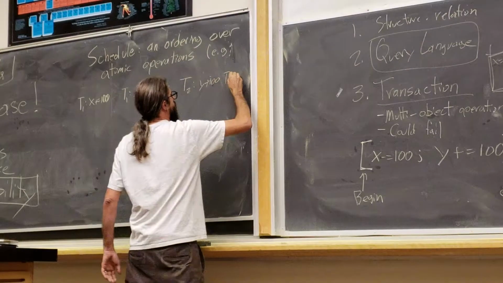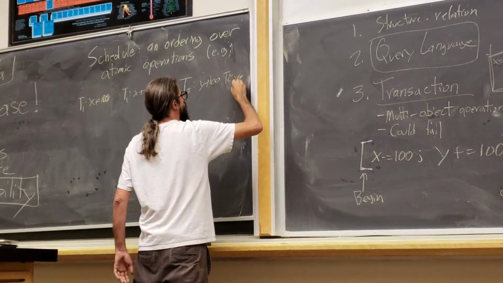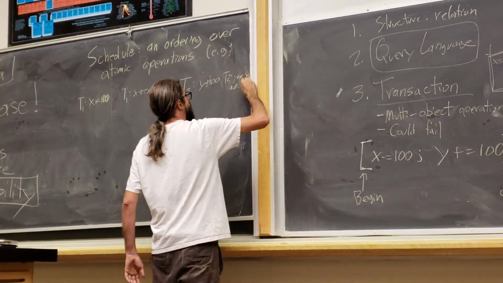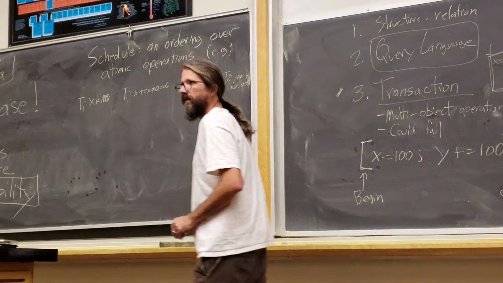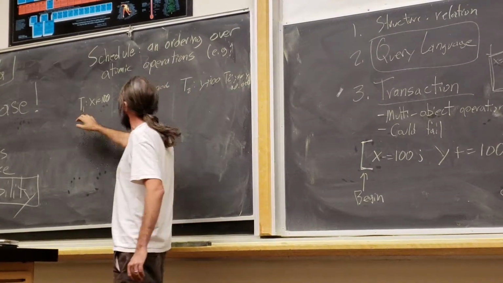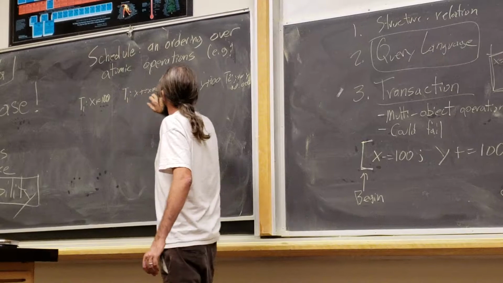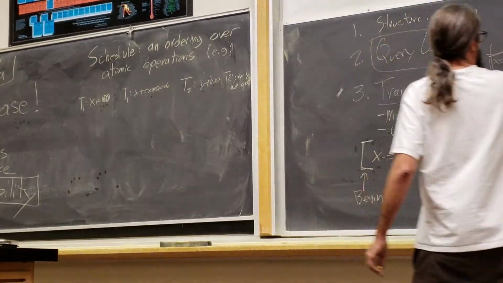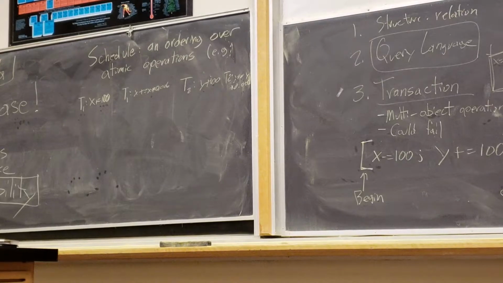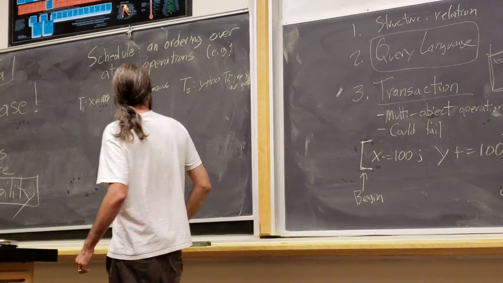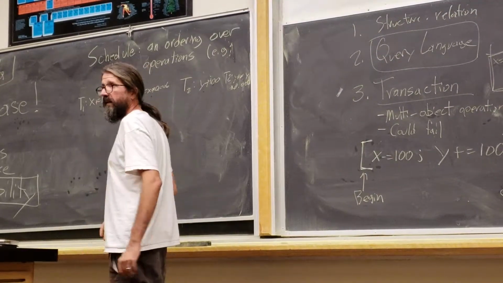T2 says Y plus equals Y times 0.006. So that is a schedule. It says here are the operations, here are the transactions that perform the operations, and in this schedule, this happened, then this happened, then this happened, and then this happened. We saw how there are a great many schedules. It's going to be like O factorial, where O is the number of operations. Does that make sense? That is a schedule.